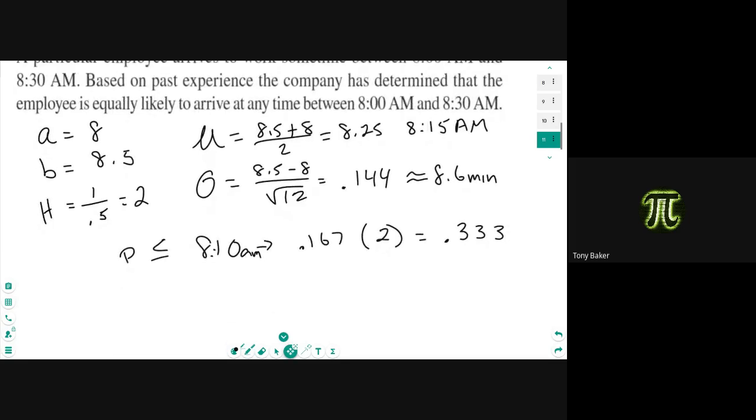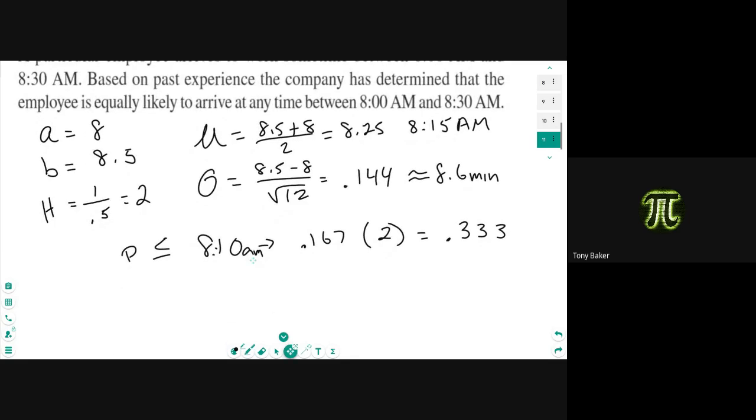So figure out this one that we just did, right? What did we do to get that? We did 8:10 minus 8 a.m., right? Which gives me the 10 minutes, which we changed to the 0.167, right? So we subtracted 2 numbers to get that. So if I did 8:10 minus 8:10, I get what? 0.